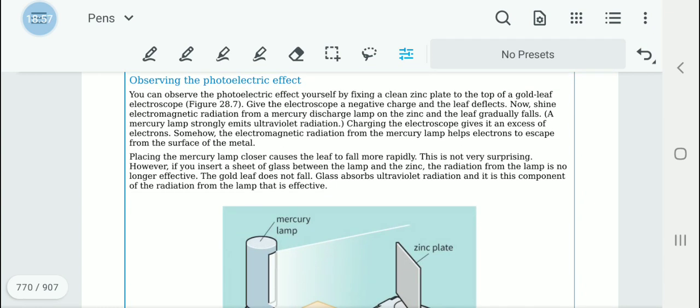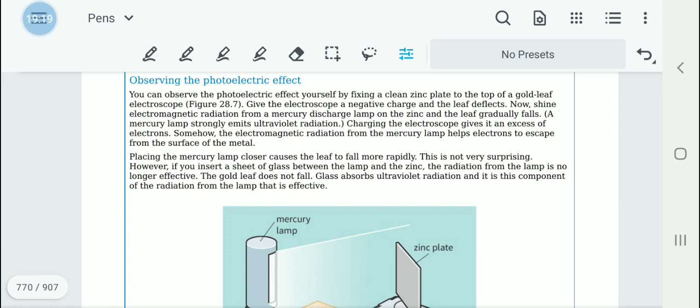So what we do is we fix a clean zinc plate at the top of a gold leaf electroscope. The electroscope is given a negative charge, and then the leaf deflects.